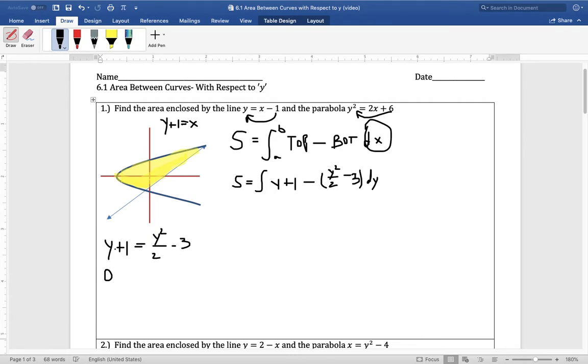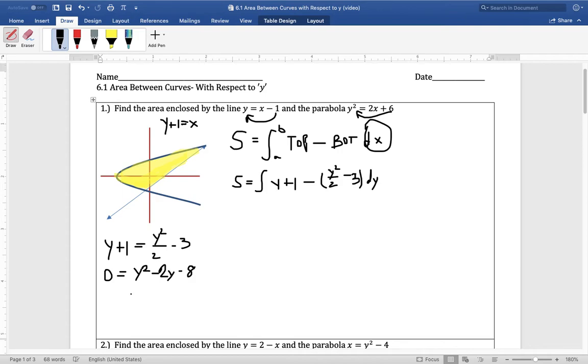This will become 2y, this will become a 2. So we have y squared, right? No 2 on the bottom anymore, multiplying everything by 2. This 2y is being subtracted over. And then this is now going to be a minus 6, but I'm also subtracting 2 more. So if I subtract 2 more from a minus 6, I get a minus 8.